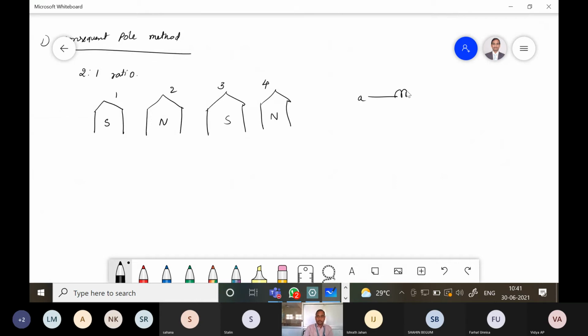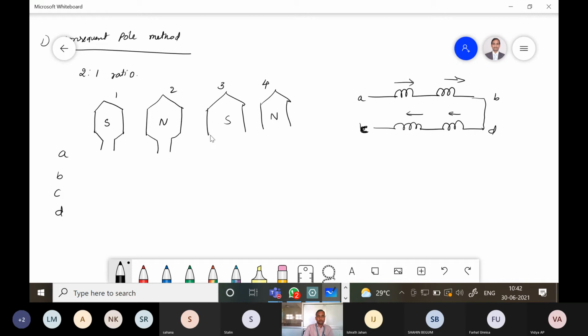Suppose this is A, these are the coils like this, this is B, C, D. I will take four lines A, B, C and D. Suppose I want to connect these four poles in series.